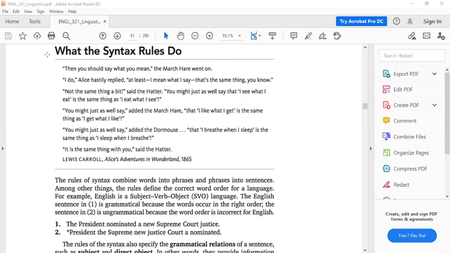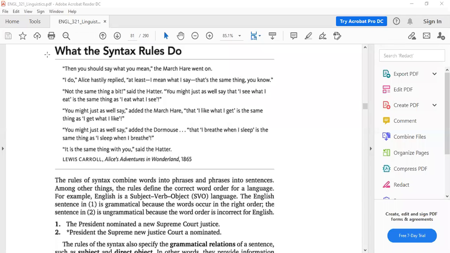Now, this is what the syntax rules do. Remember, we said that we have phonetic rules, phonological rules, morphological rules, syntactic rules, semantic rules, and so on. All of them form the grammar of the language. So grammar doesn't mean syntax alone.